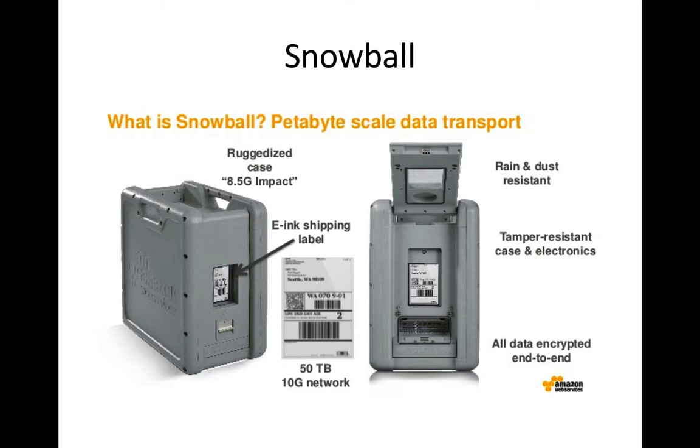Amazon can then load that data directly into S3 buckets for you. So Snowball is a really easy and interesting way to ship very, very large amounts of data to and from AWS. So if you ever want to get your data out of S3, you can also use Snowball to retrieve your data.